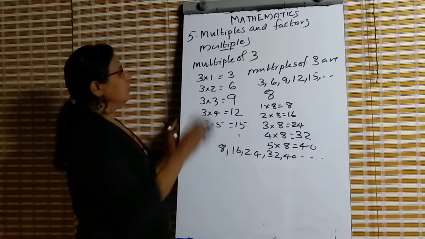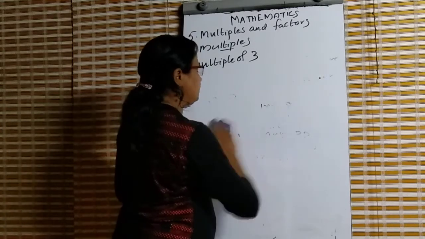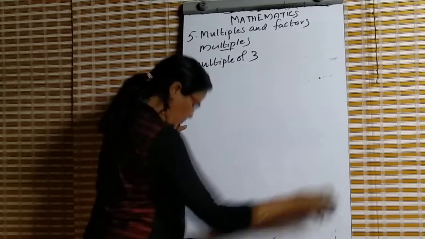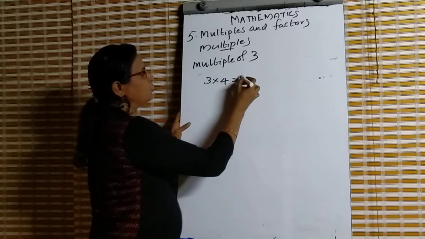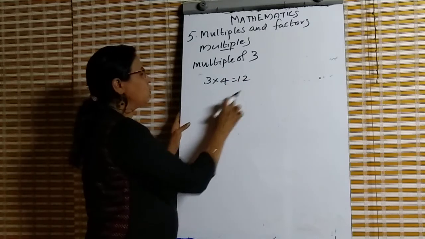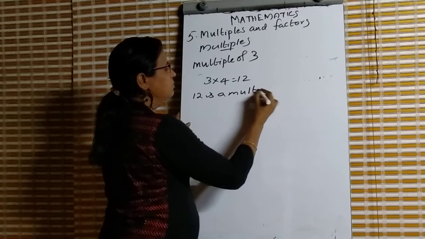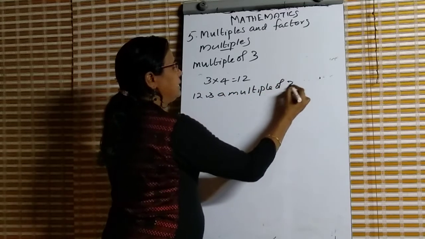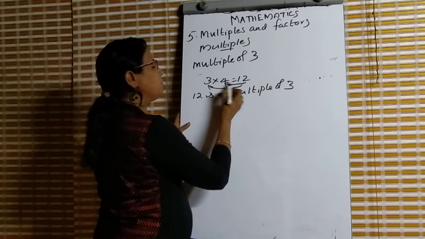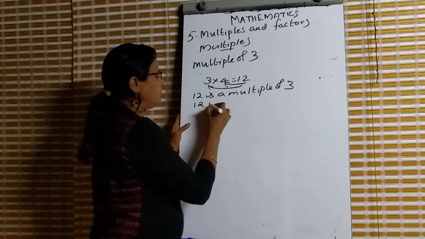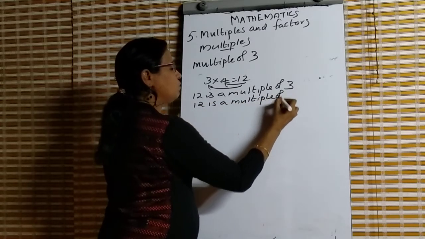Now, listen to the next one. We know that 3 into 4 is equal to 12. That means 12 is a multiple of 3, and 12 is a multiple of 4.